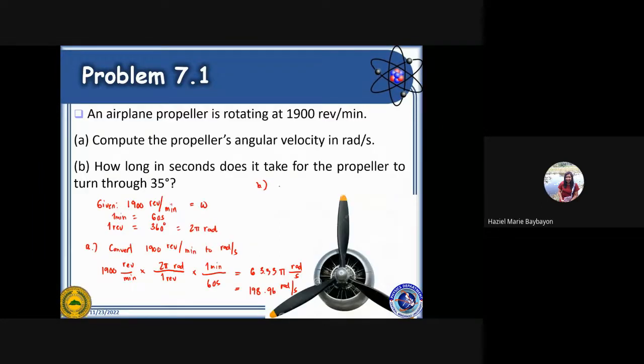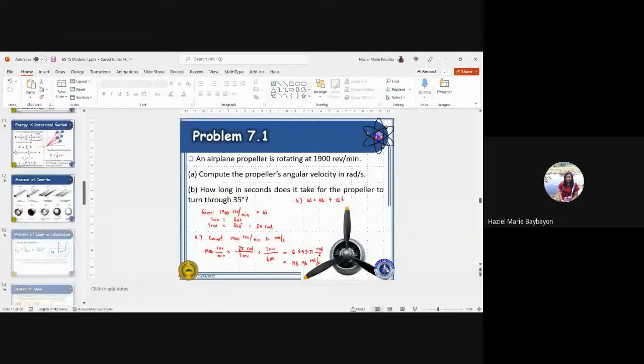Itong kinematics equation, omega is equal to omega naught plus alpha times time. Okay, so I guess we cannot use this because we do not have alpha. So atong gamiton nga equation to find the time. So can you recall the kinematics equation nga naay time pero walay acceleration?